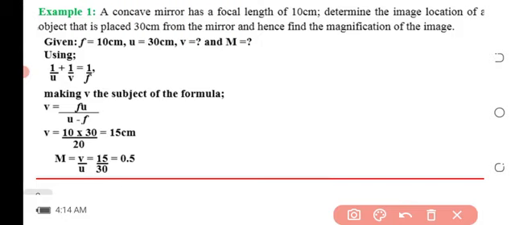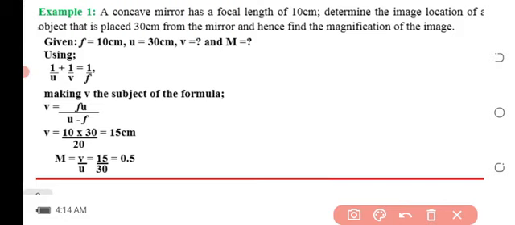So substituting the values here, our f is 10, our u is 30, and u minus f will be 30 minus 10. That will give us 20, and 10 times 30 will give us 300 divided by 20. That will be 15.